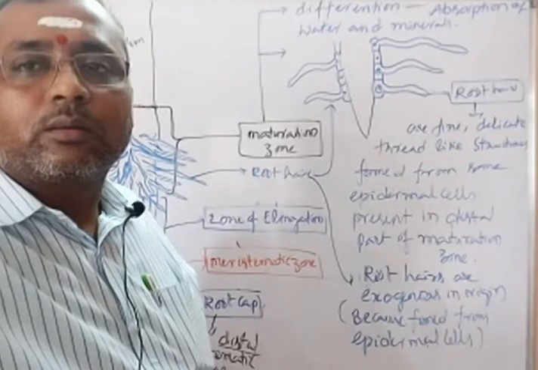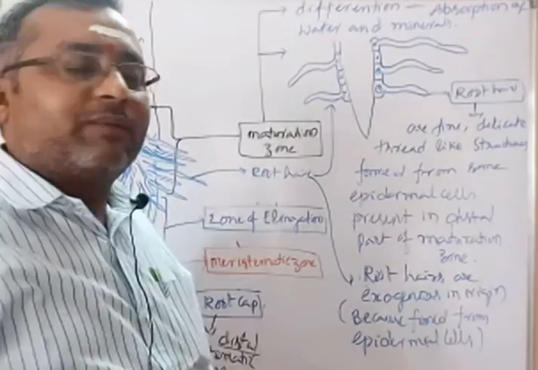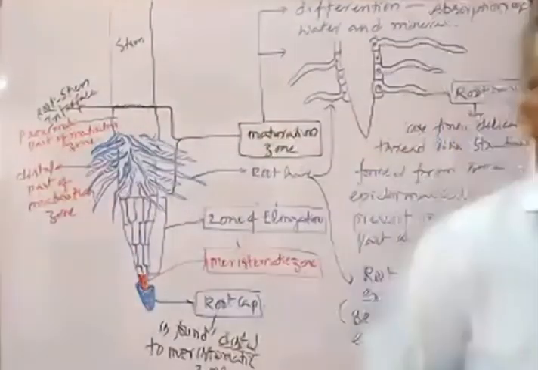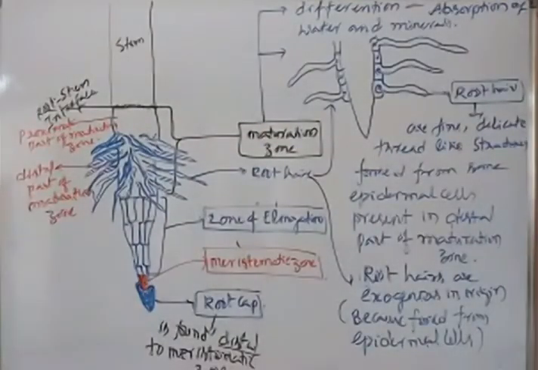Root hair is different, rootlets are different. Rootlets will also have root hairs. Root hairs are present on the main root, lateral roots, and rootlets. Rootlets are endogenous. Root hair is exogenous.